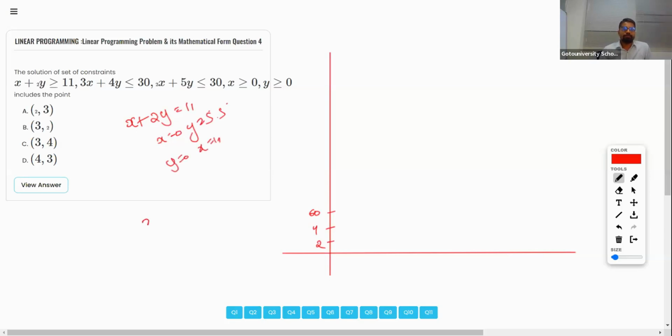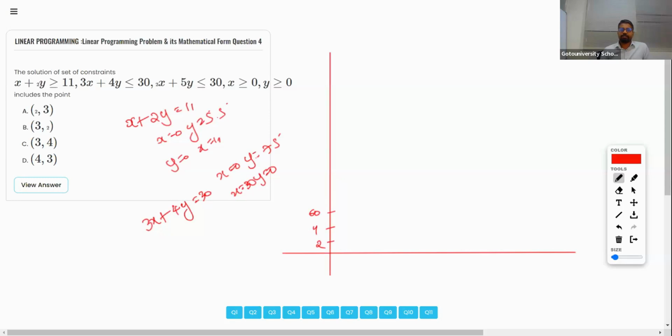Okay, next one we have 3x plus 4y is equal to 30. When x is equal to 0, y is equal to 7.5. When y is equal to 0, x is equal to 10. Okay, so we need to mark 30 as well, right?